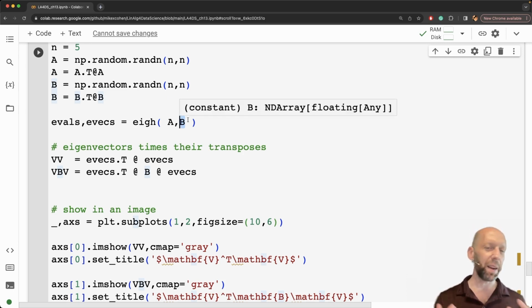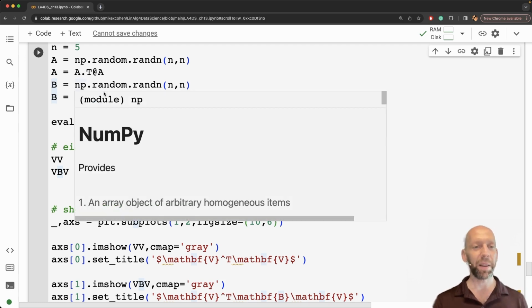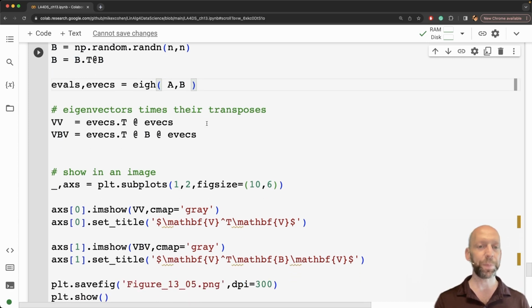It's the matrix that in theory gets inverted, although in practice you don't literally invert this matrix, which is useful because it means that you can perform generalized eigendecomposition on a reduced rank matrix, which often happens in practical applications. Anyway, the rest of this exercise is pretty straightforward.